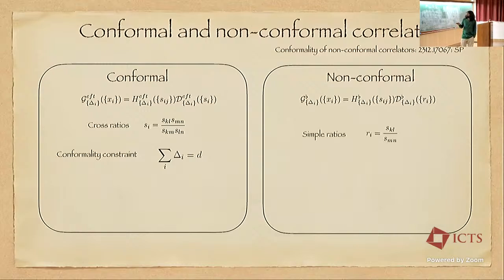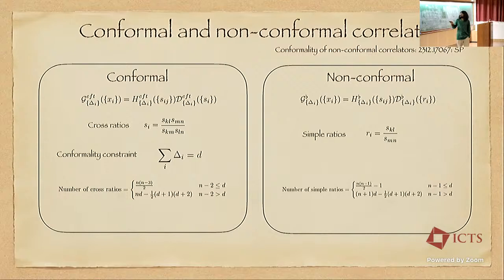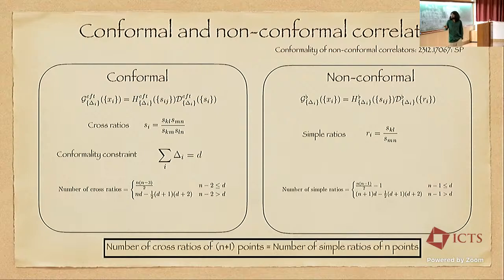And on the right side, we have the ones which do not have this conformality constraint. And these will turn out to be functions of simple ratios, not the cross ratios. Now, a very nice property that you will note if you count the number of cross ratios versus the number of simple ratios, is that the number of cross ratios of n plus 1 points equals the number of simple ratios of n points. Okay, so you can do the counting and see that this match happens.